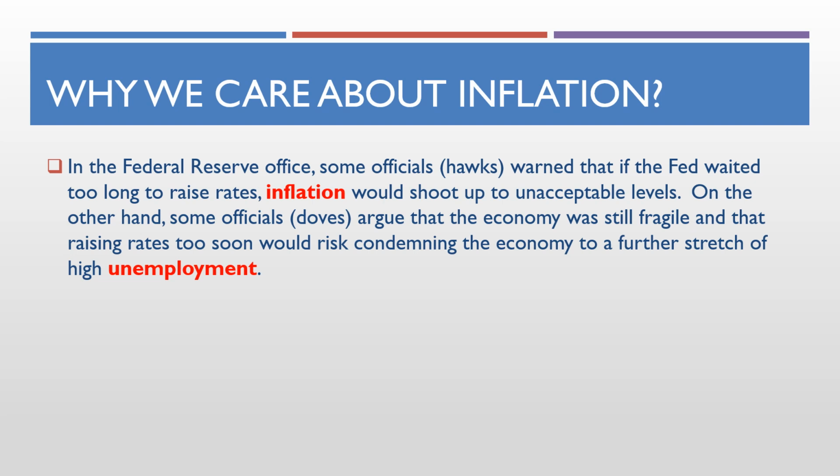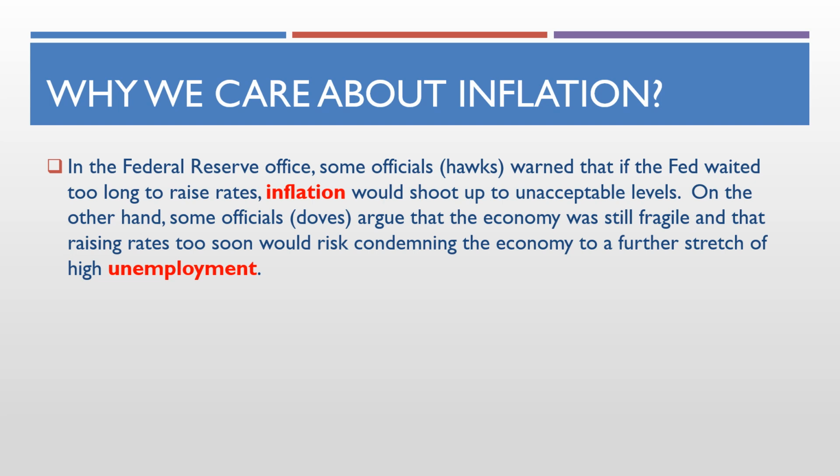Well, first of all, if we think about the US, we have the central bank, the Federal Reserve Office, that is overlooking several macroeconomic variables like the GDP, employment, and also inflation. When we talk about monetary policy in general, there are two groups of people in the Federal Reserve Office that don't seem to look at the economy from the same perspective.